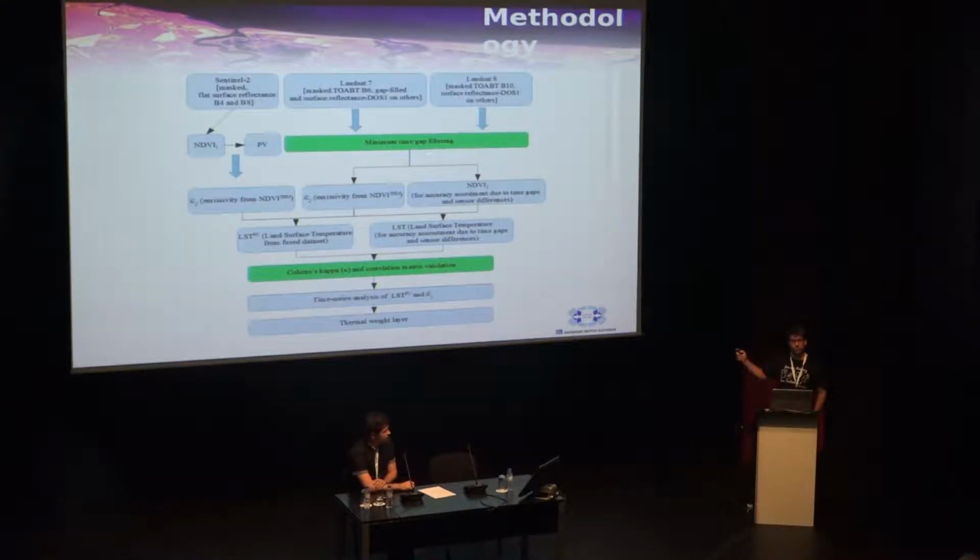I will show you later in the formulas what it really means, so you can see these steps in a clearer way. Then we calculated the emissivity, which is a parameter for calculating the land surface temperature, from the NDVI derived from Sentinel, mixed it with the thermal data from Landsat, then evaluated everything to see if it's worthy or not, and then made a time series analysis from that.